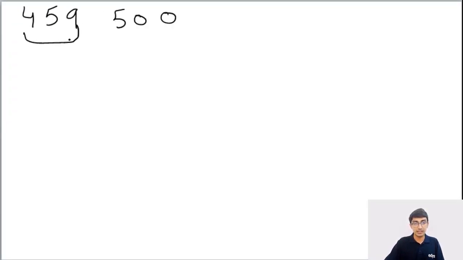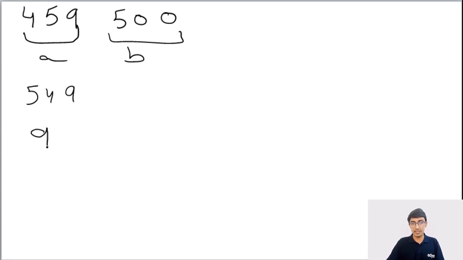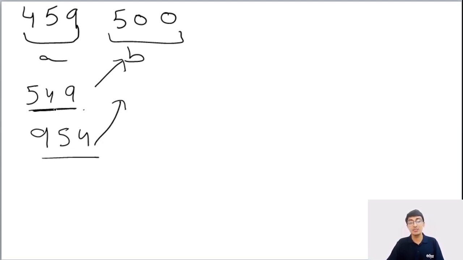This is A, this is B. We have to interchange one of the digits in A such that it becomes the smallest number greater than B. If we change 5 and 4, it becomes 549. We could have made it 954 if we had exchanged differently, but 549, while still being greater than B, is the smaller number. 954 is also greater than B, but the smallest number greater than B is 549.